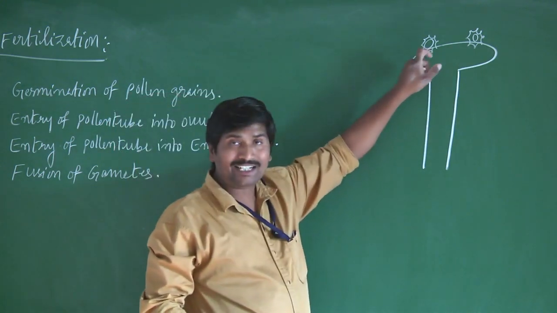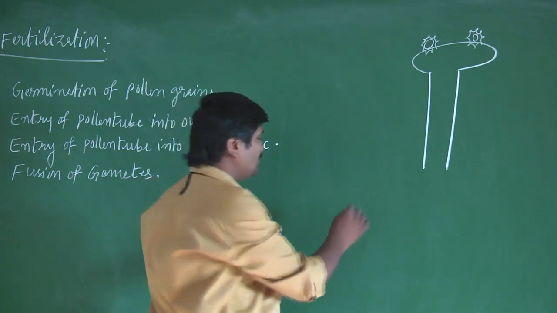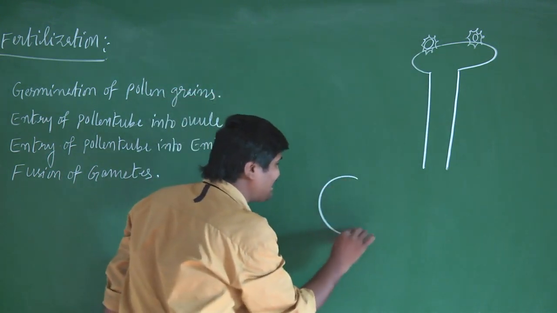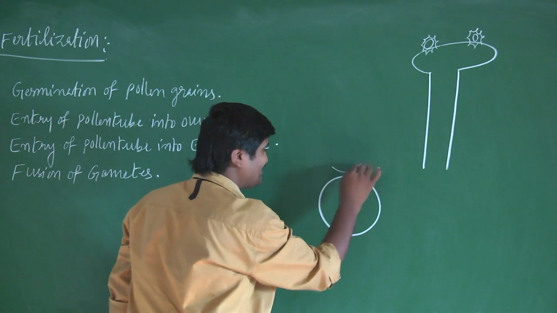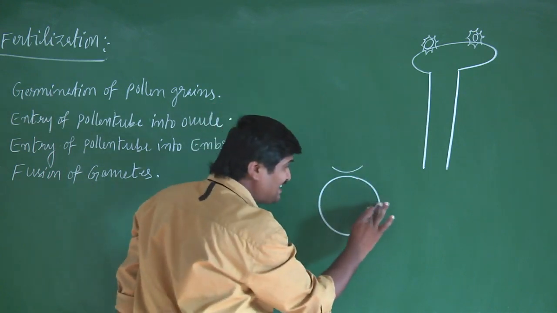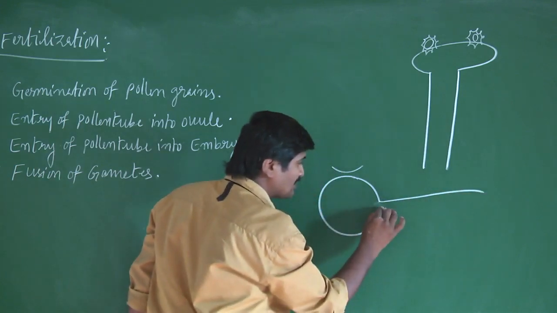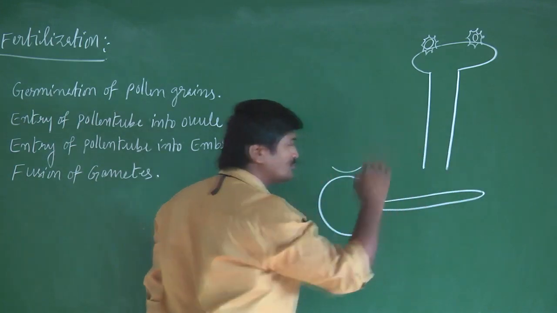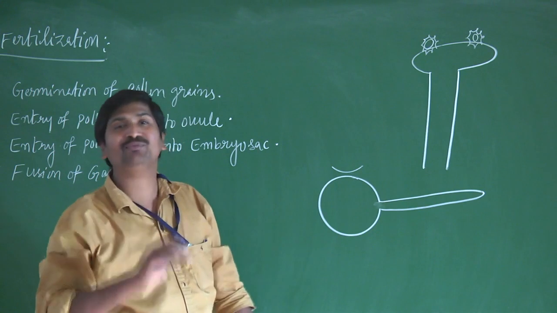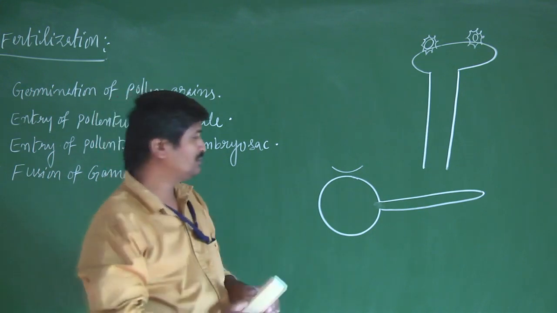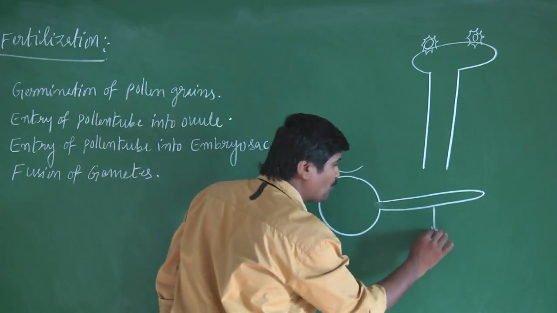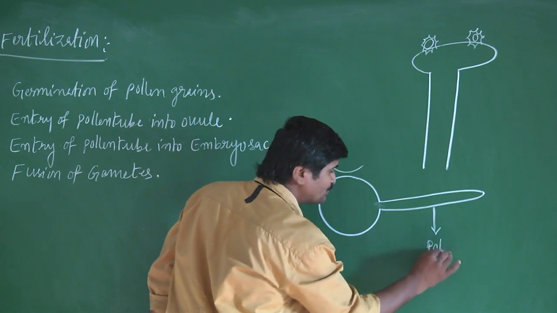When the pollen grain swells, automatically what happens? The intine of the pollen grain comes out through any one of the germ pores of the exine to develop the pollen tube.